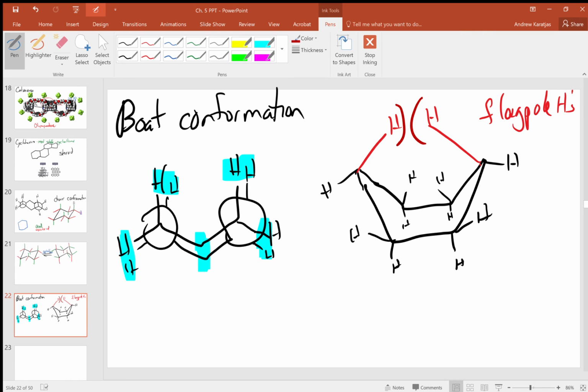So a lot less stable than the chair conformation, and that's true for any of the other conformations of cyclohexane as well. So when we talk about cyclohexane, in almost every case what we want to be looking at is the chair conformation. And in the next video where I'll pick up is what happens to the chair conformation as we start putting substituents on there.